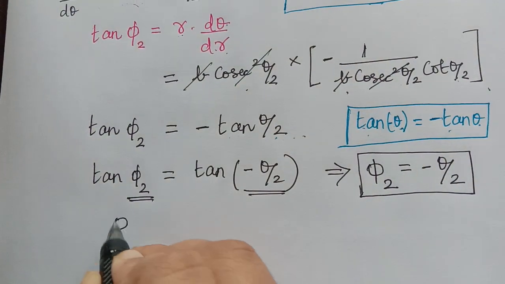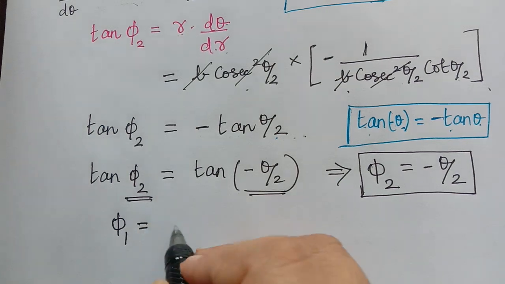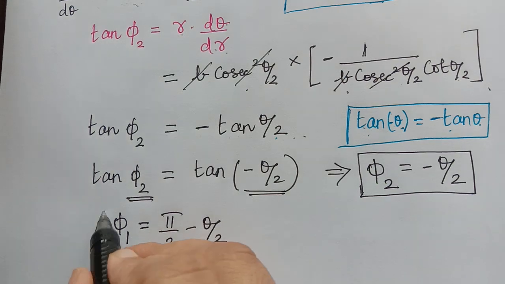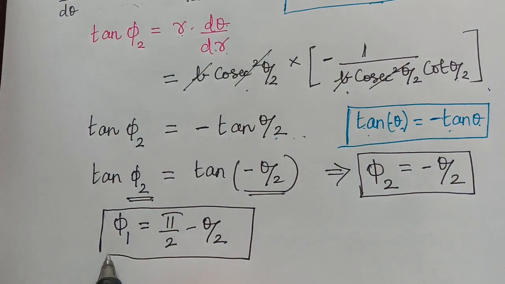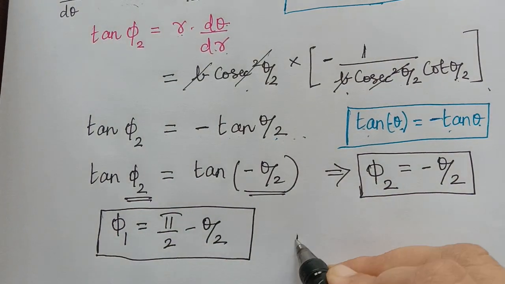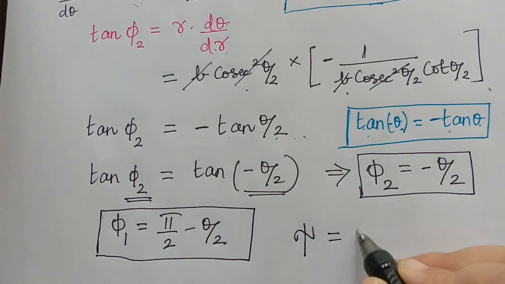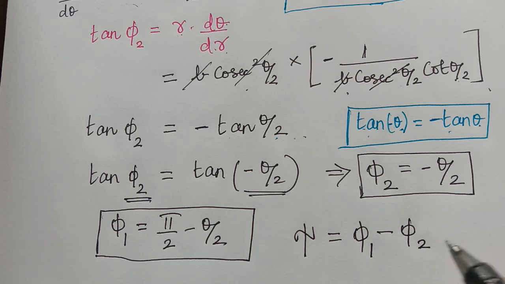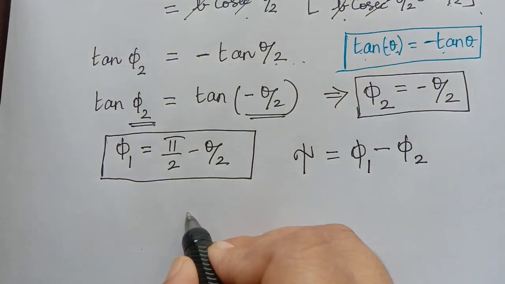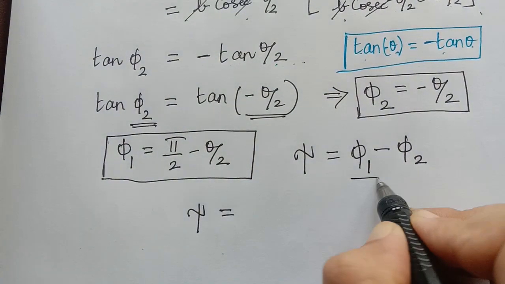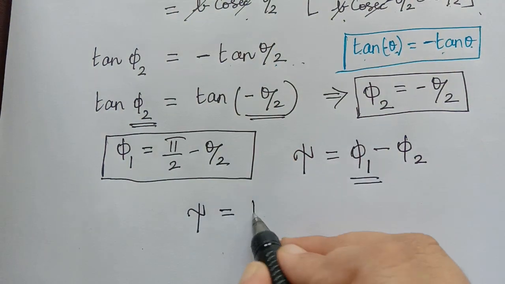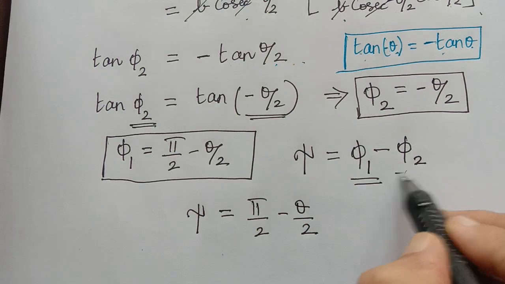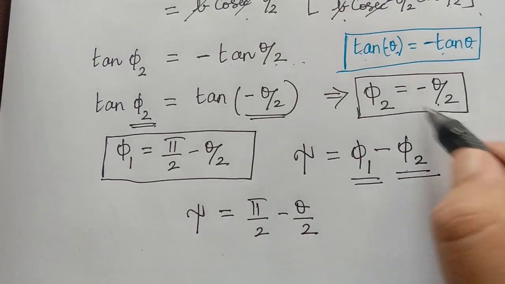Already we have obtained the value of phi 1 as pi by 2 minus theta by 2. So now we have these two values, and using them we can evaluate xi, which is given by the absolute value of phi 1 minus phi 2. So xi will be equal to, substituting phi 1, pi by 2 minus theta by 2, and phi 2 is minus theta by 2.